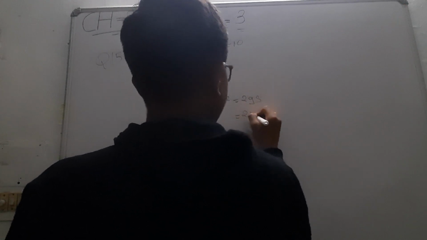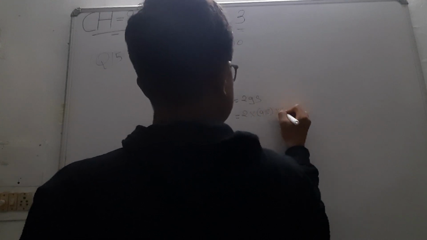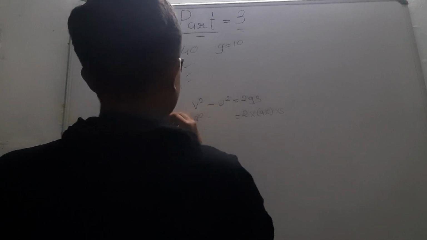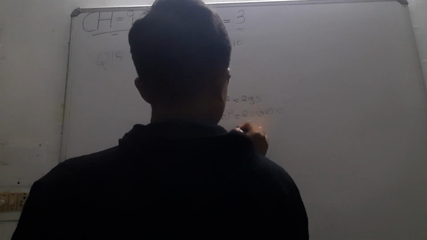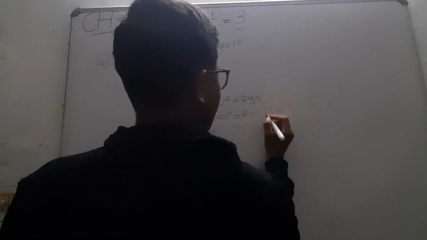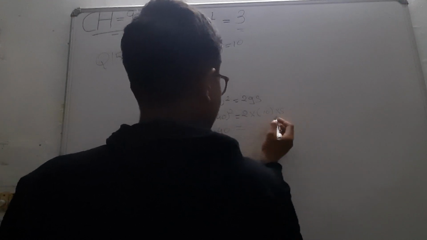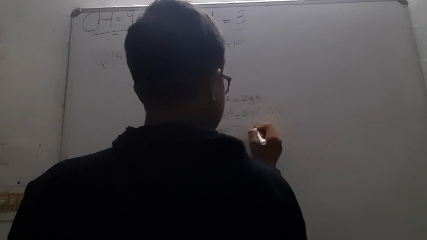What is u? 0 minus 40 square equals 2 into 10 into s. 40 into 40, 10 into 20, 20 over here, and s.